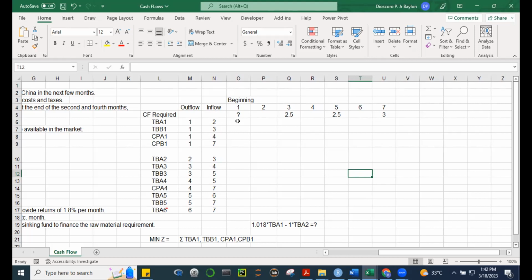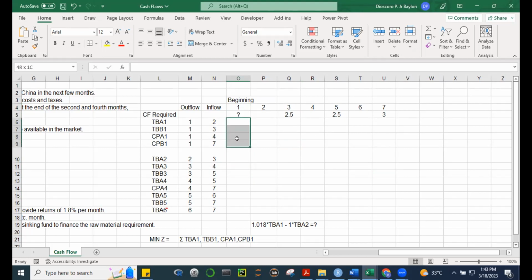All right, so we can identify the factors that are involved in this cash flow. So for month one, at the beginning of month one, we have to identify what are the cash flows that will enter the picture and plot out what will be the factor for that specific investment.